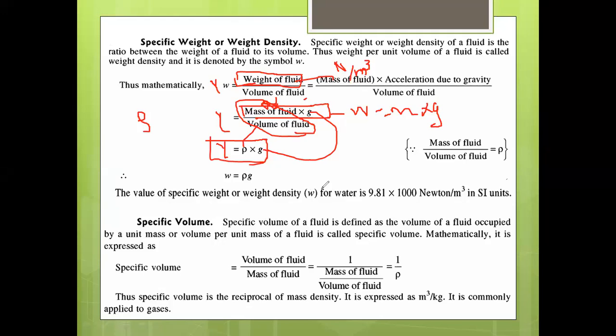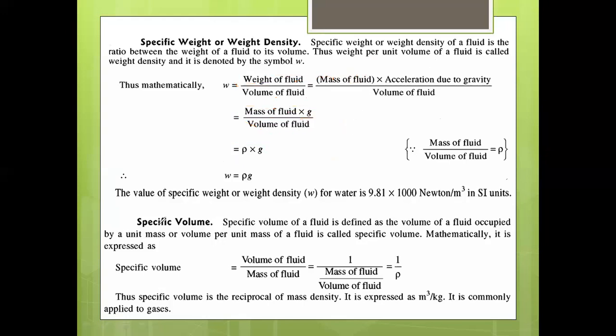The next fluid property we are going to learn is specific volume. This property is widely used for gaseous kinds of fluid. So what is specific volume? Specific volume is the ratio of volume of the fluid to the mass of the fluid.